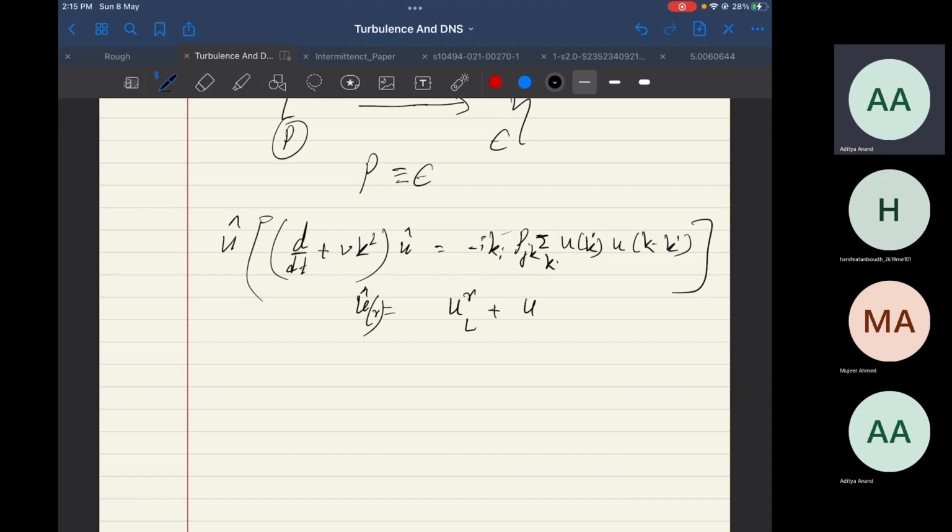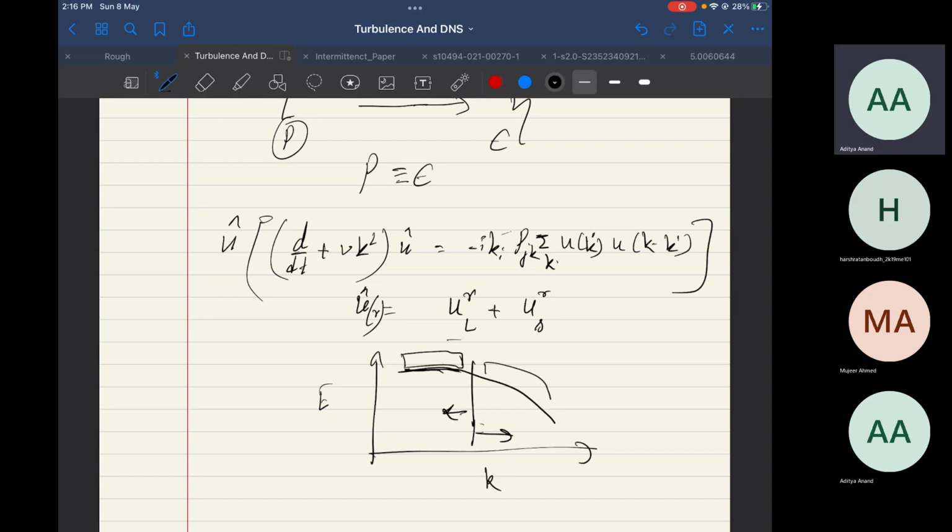Let's say you have applied this filter at scale R. So this was the spectra. These are the large scales and these are the smaller ones. So when you decompose your spectral velocity into the large and small scales, there will be some energy transfer from these large scales to smaller ones.